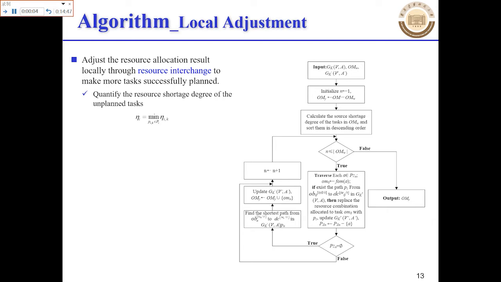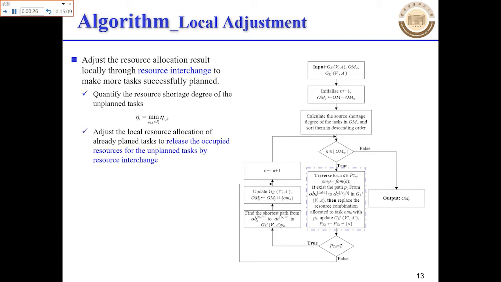After the global planning stage, we adjust the resource allocation result locally through the resource interchange to make more tasks successfully planned. The main idea is, firstly, we quantify the resource shortage degree of the unplanned tasks.